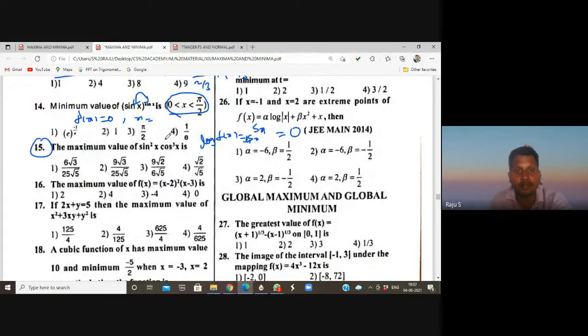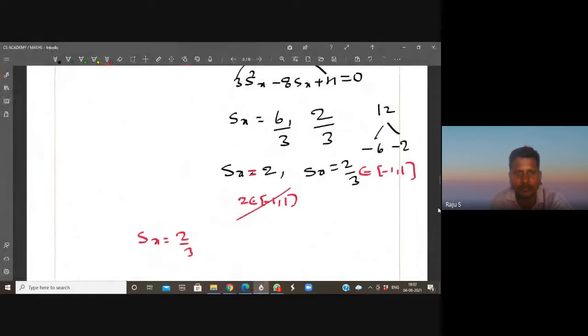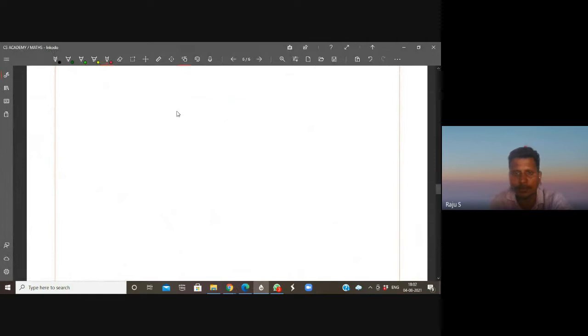And this is a very important one. There is a property. It is in the form of sine power.